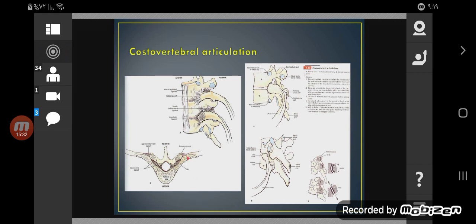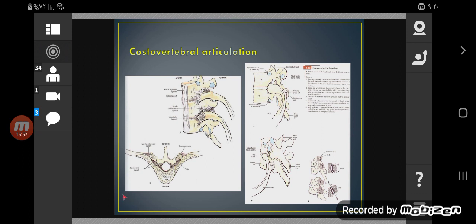And you can see the costal tubercle is the place for attachment of this ligament, the lateral costotransverse ligament. The lateral costotransverse ligament binds the tip of the transverse process to the non-articular part of the costal tubercle.